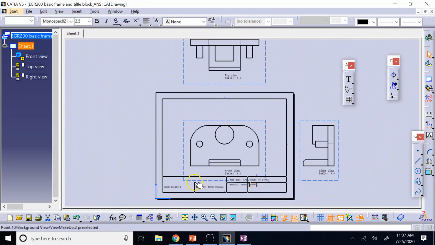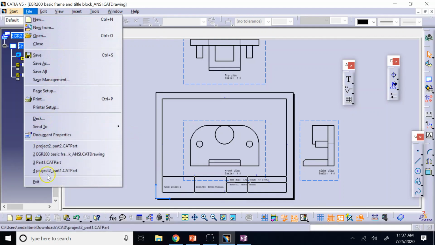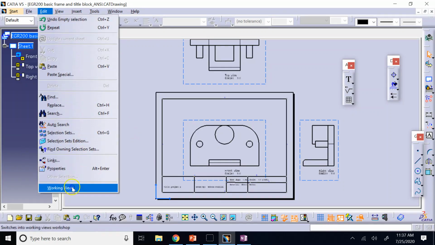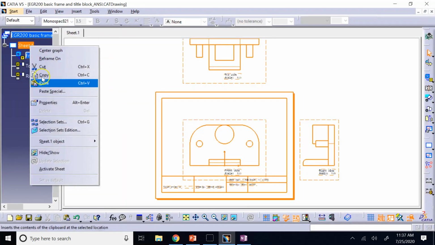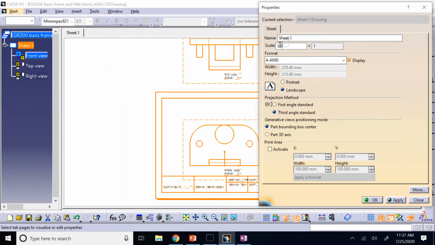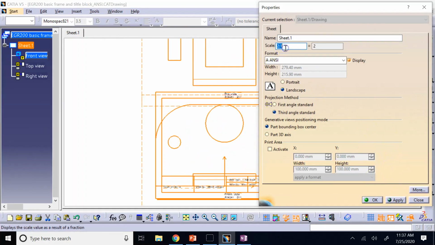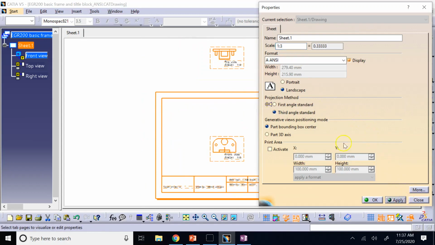And whenever you're done, you just go ahead and go back to the working views and then scale them all down. I always do this backwards. 1 to 3, or no, 1 to 2 maybe.